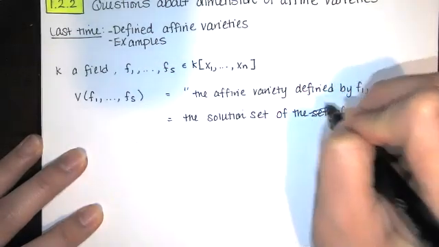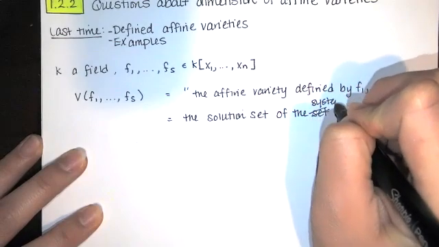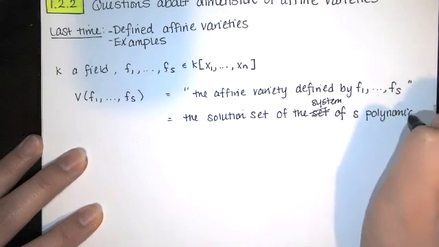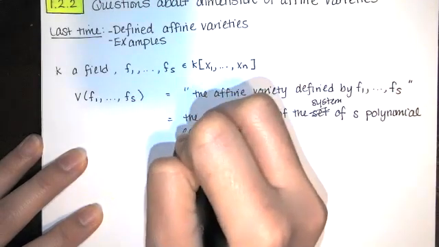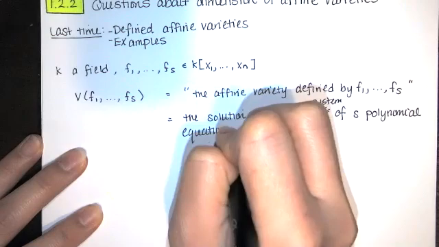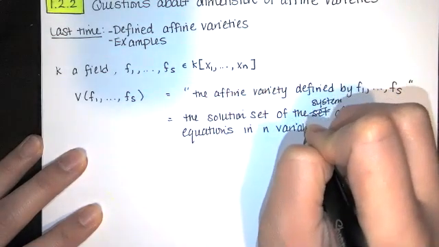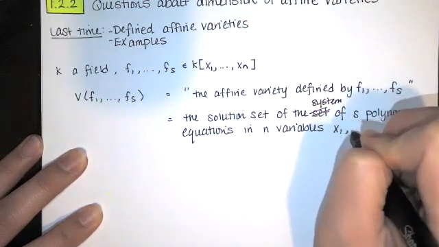I guess we could call it the system of s polynomial equations in n variables, x sub 1 through x sub n.